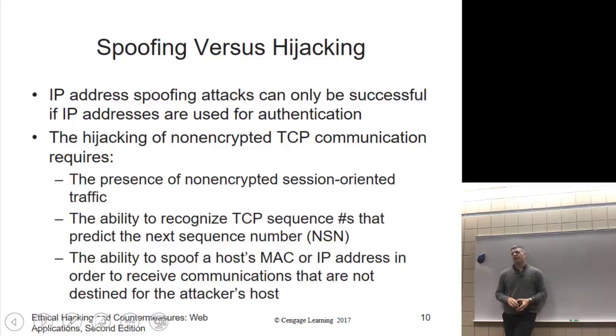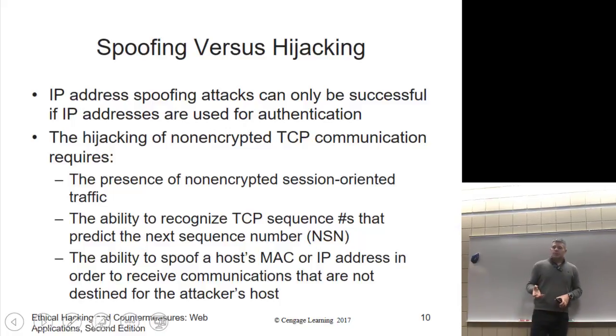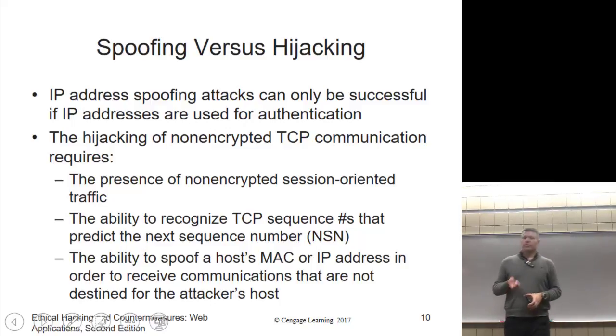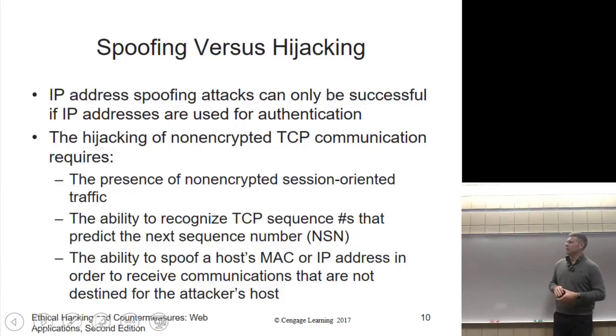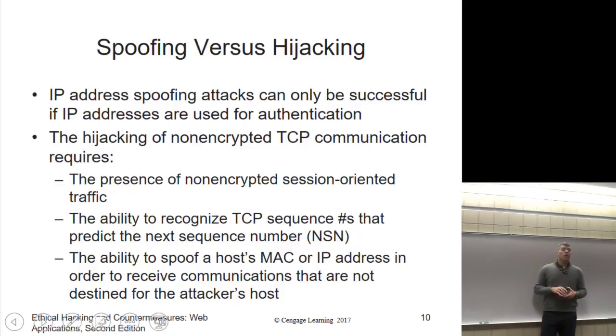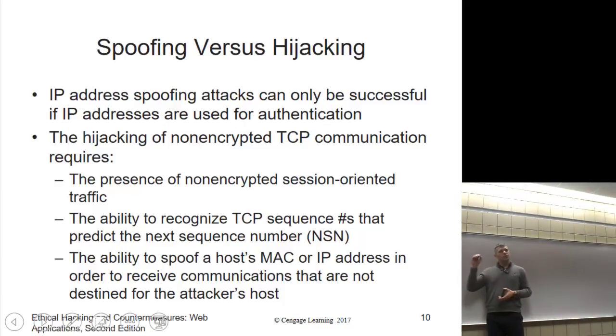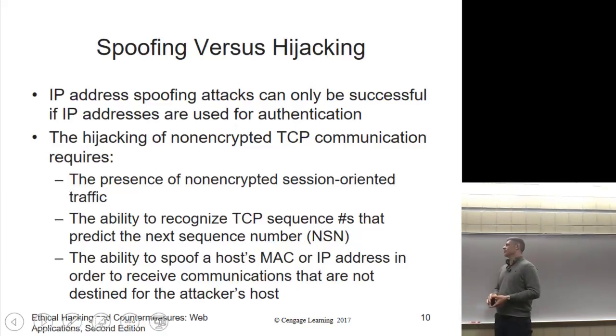So IP address spoofing only works if a system is using IP addresses to figure out authentication. Hopefully, systems have mechanisms beyond just, okay, that's Drew's IP address, so he's good. With non-encrypted TCP communications, if you're going to interrupt one of these things, TCP uses sequence numbers, and hopefully not predictable sequence numbers, but oftentimes predictable sequence numbers.